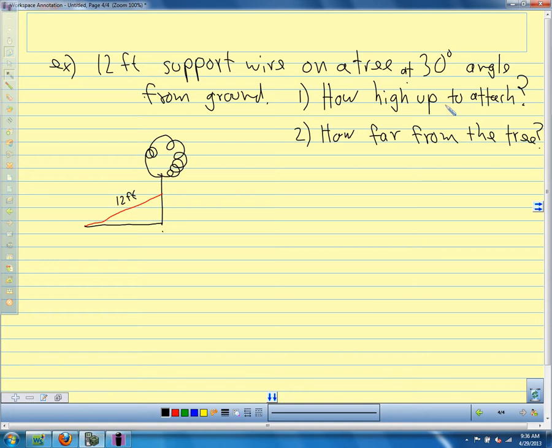And let's call how high up the tree, let's call that H. And how far away from the tree, let's call that D. So the distance from the tree. And we're putting a big stake in the ground here. And we're putting this wire up because the wind blows. And it would blow the tree over if we didn't put a wire there.